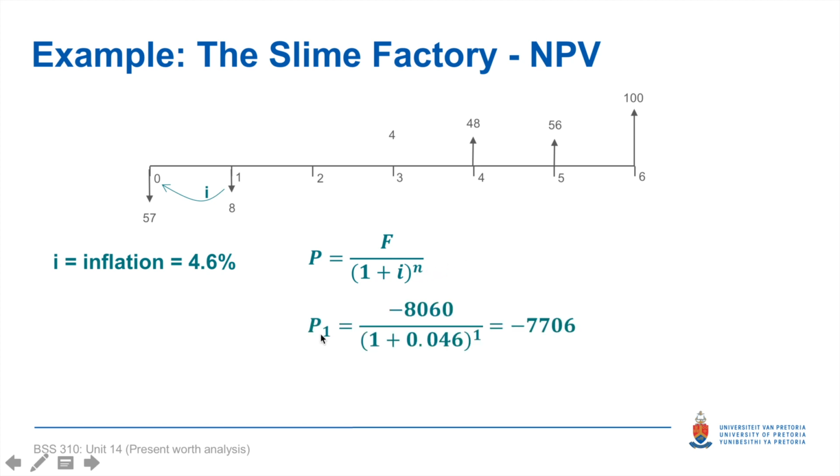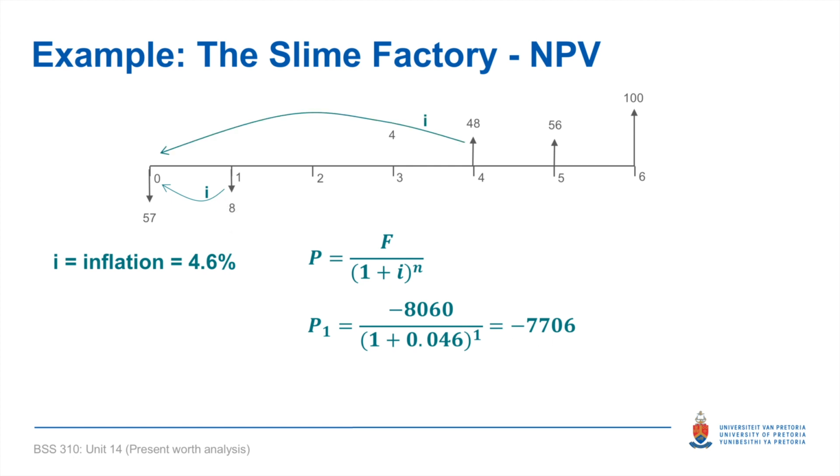So if I want to calculate the present value of this first cash flow, which is negative 8,060 Rand, I divide that by 1 plus 0.046, so that's my inflation percentage, to the power of 1, because I'm only bringing it back one period. The answer is negative 7,706 Rand. That means in today's terms, this cash flow is worth 7,706 Rand.